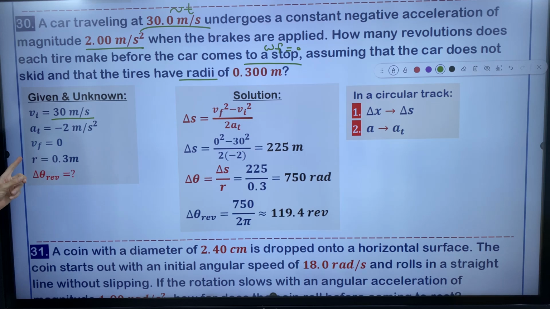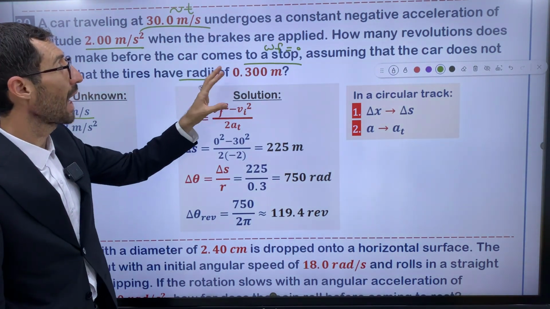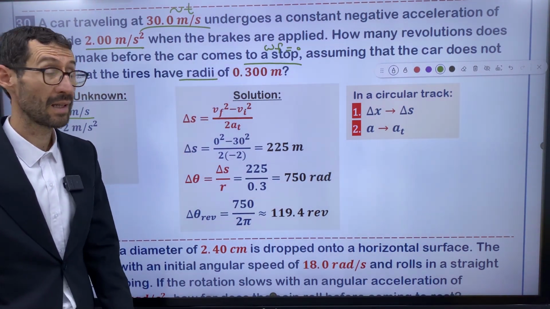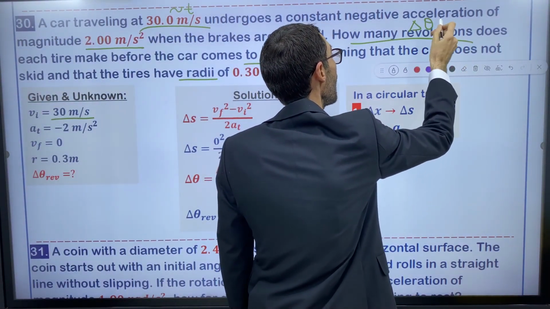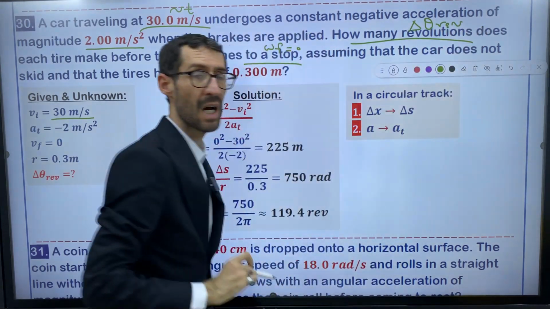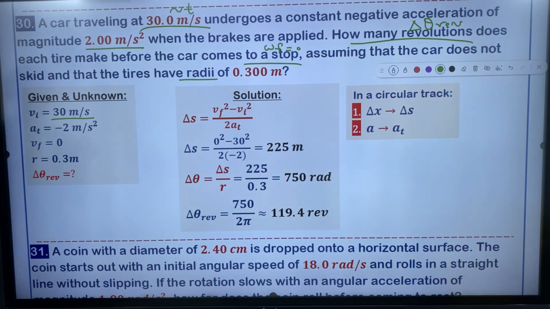It stops. R is equal to 0.3 meters. What do we look for? How many revolutions? That means we look for delta theta in rev. How many revolutions does each tire make before the car stops?